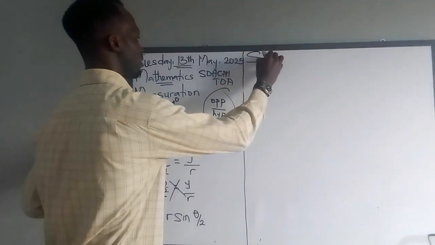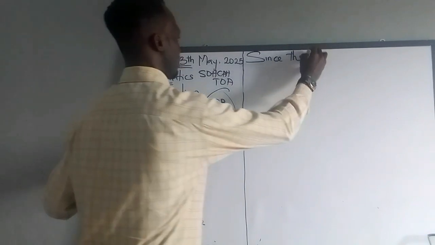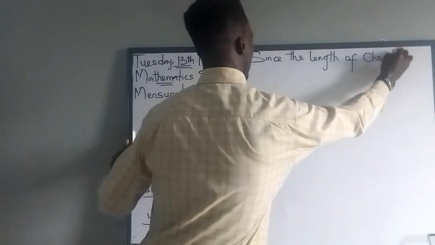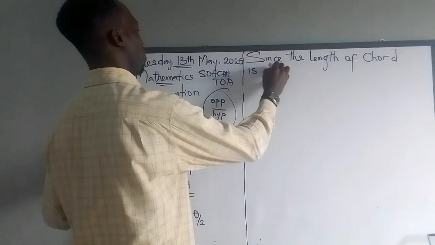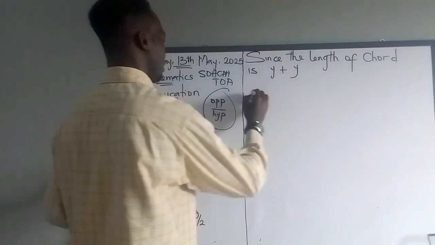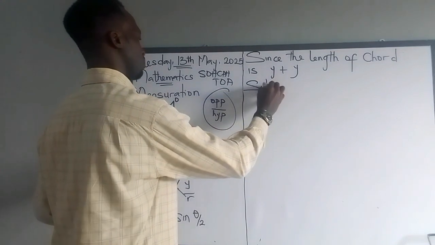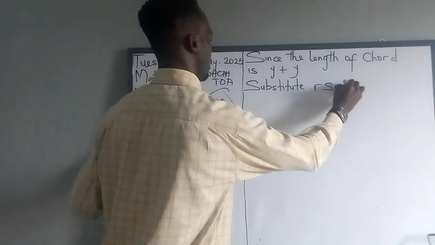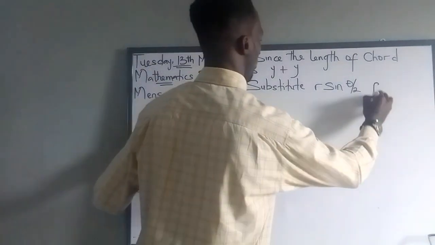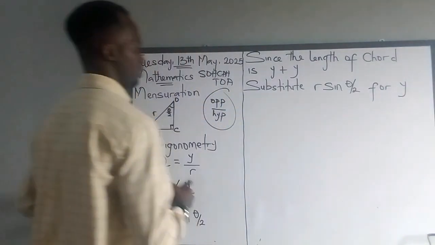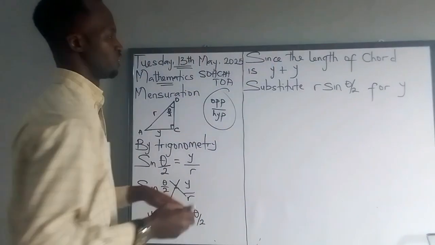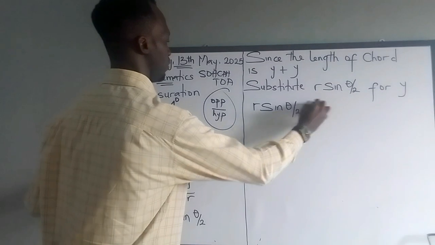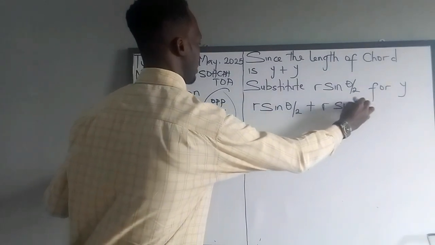Since the length of chord is Y plus Y, now substitute R sine theta over 2 for Y. So we're going to have R sine theta over 2 plus R sine theta over 2.